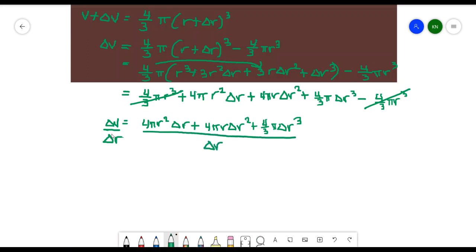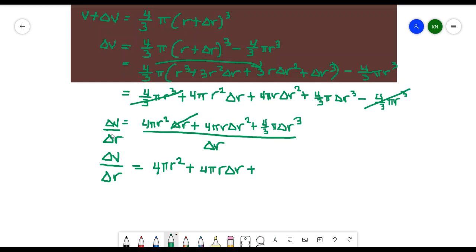So we have delta V, or change in volume, divided by change of our r, or the radius. So we have 4 pi r squared delta r divided by delta r, so the delta r will be cancelled. So we have 4 pi r squared plus 4 pi r delta r squared divided by delta r, so we have 4 pi r delta r.